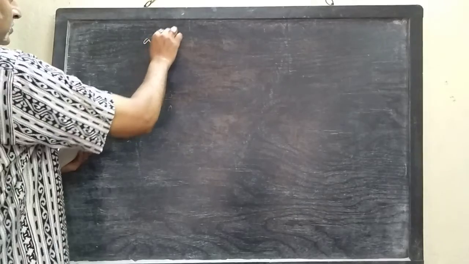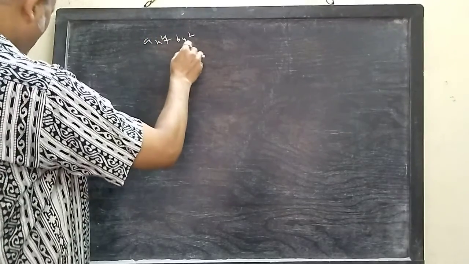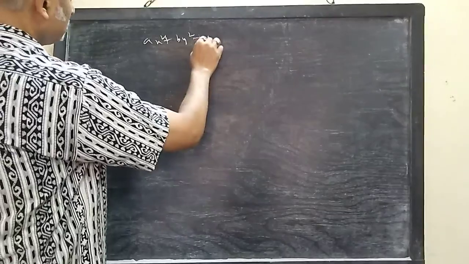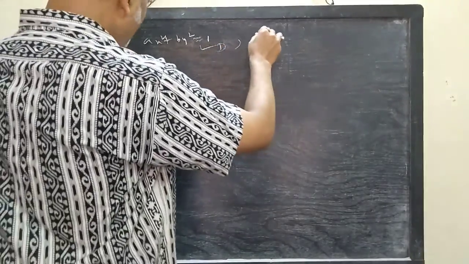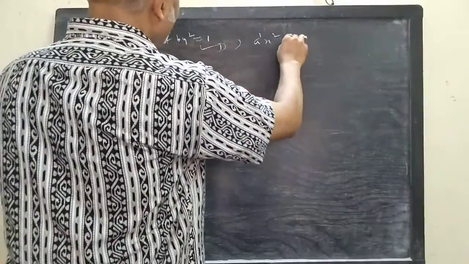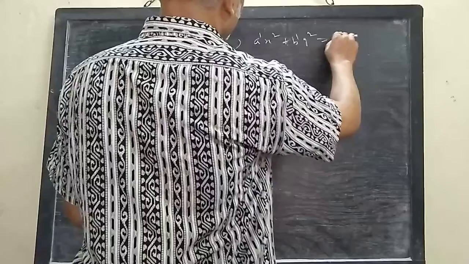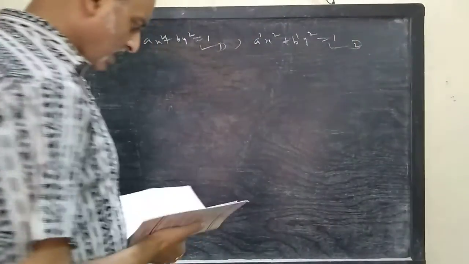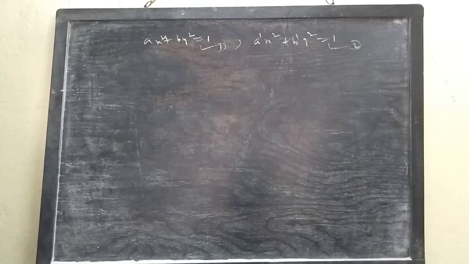Here the curves are ax square plus by square equals 1, first curve, and the second curve is a dash x square plus b dash y square equals 1. This is number 2. And you are asked to find the condition under which these two curves cut orthogonally.